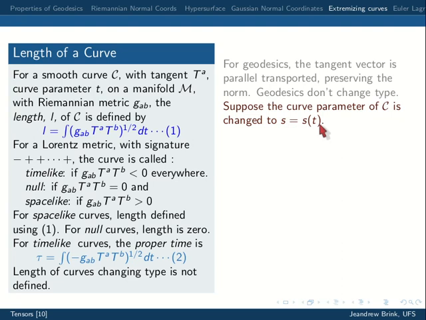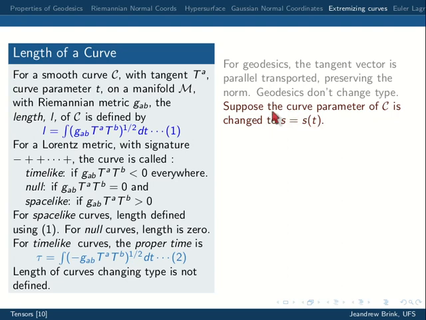In fact, sometimes it's useful, like with Mino time, to work with a parameter that is not affine. And even when we did that problem with a parabola, it was easier to do the calculation in a parameter that was not the arc length parameterization.